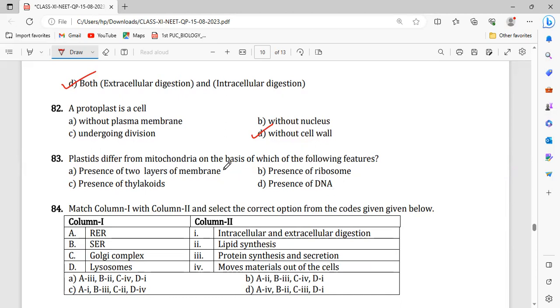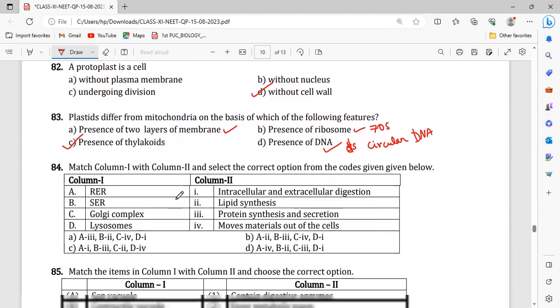Both of them have two membranes, both of them have 70S ribosomes, both of them have DNA, double stranded, circular DNA they have. Then presence of thylakoid, so this is only in chloroplast, not in mitochondria.